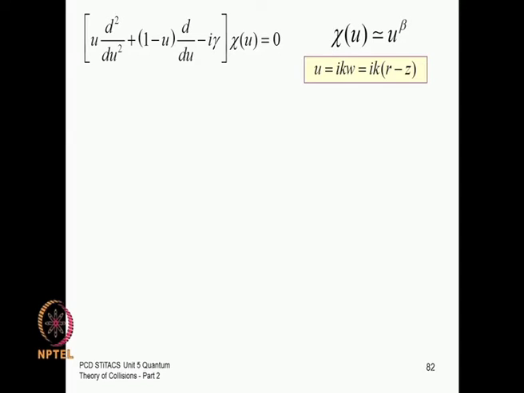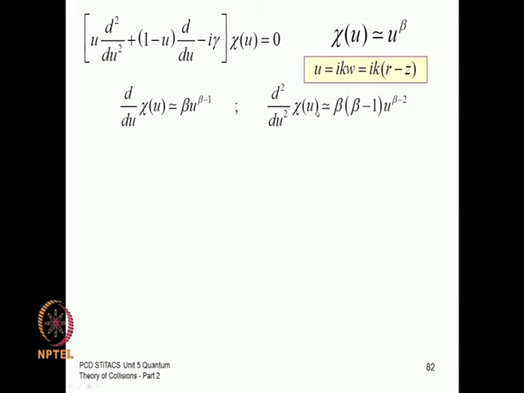Now we have got the differential equation in the variable u, and we have proposed the solution chi, which goes as u to the power beta. So, we can take the first derivative, which will be beta u to the power beta minus 1.